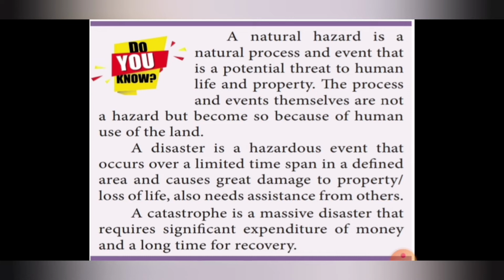It threatens what? Our life and our property. The processes and events themselves are not a hazard but become so because of human use of the land. Because of humans' influence, it becomes a disaster.